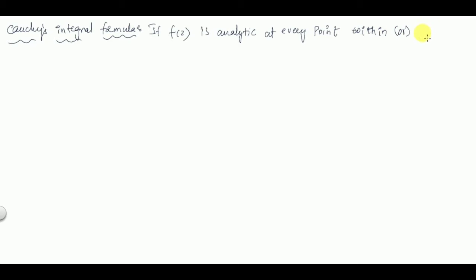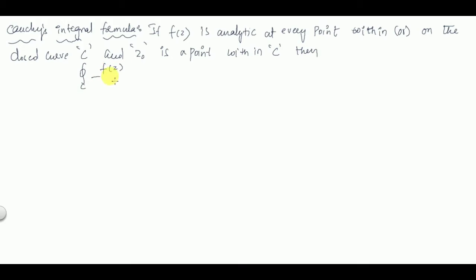If f of z is analytic at every point within or on the closed curve C, and z0 is a point within C, then the integral over C of f of z divided by (z minus z0) whole to the power of n plus 1 dz is equal to 2 pi i by n factorial into f^n of z0.